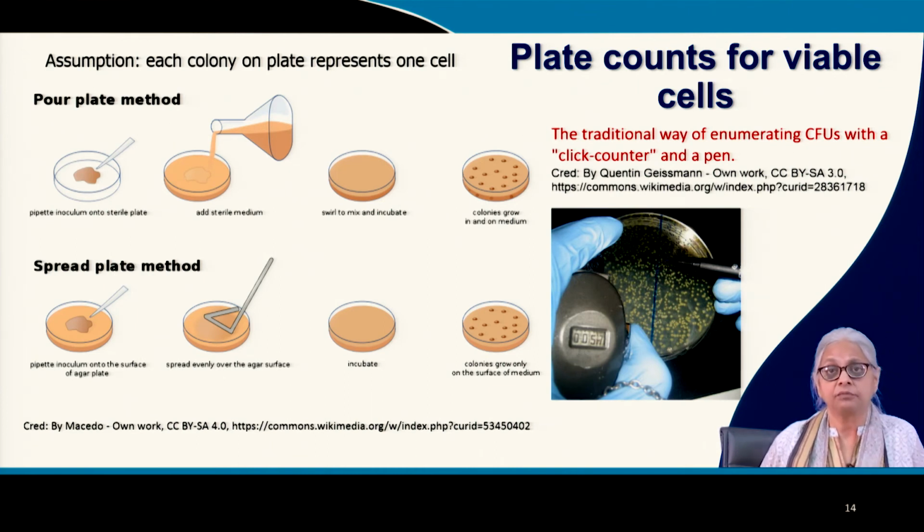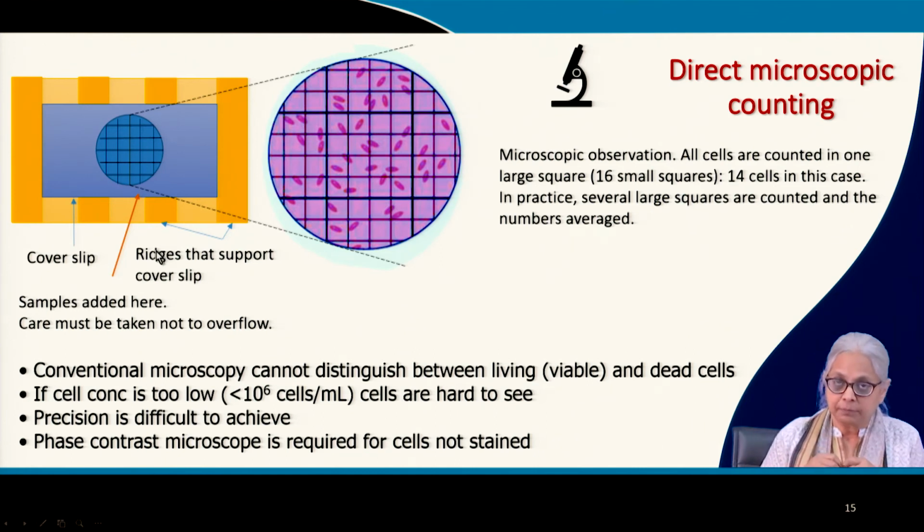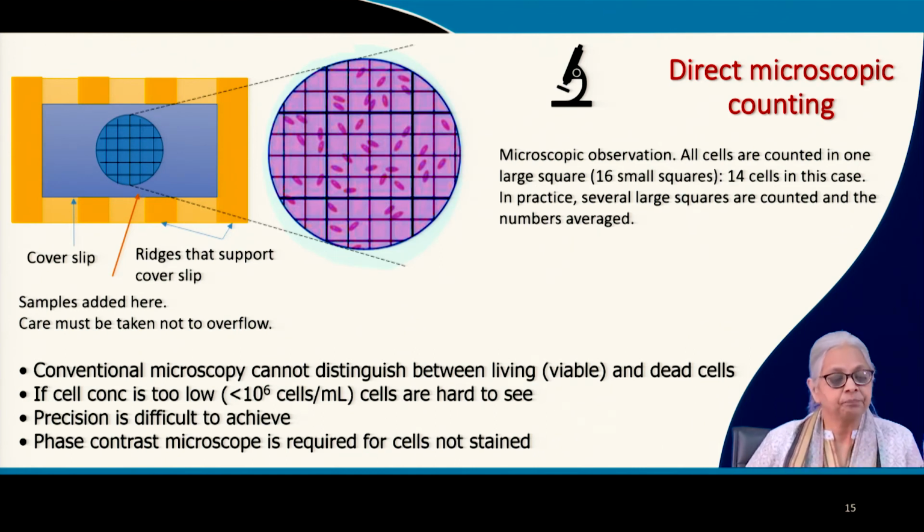And if you have the ability to take photos and store them on your PC, it makes it even easier to count. So here is our glass slide. The yellow part is the glass slide. You put your sample on the glass slide, and the glass slide itself has ridges. So the sample will collect in those ridges, and you have a cover slip.